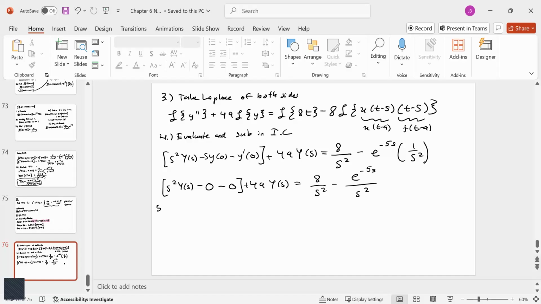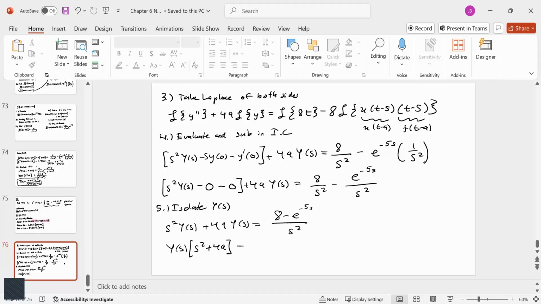And then step 5 is to isolate y of s. So then s squared y of s plus 49 y of s equal to 8 minus e to the negative 5 times s over s squared, and then y of s times s squared plus 49 equal to 8 minus e to the negative 5 times s over s squared.